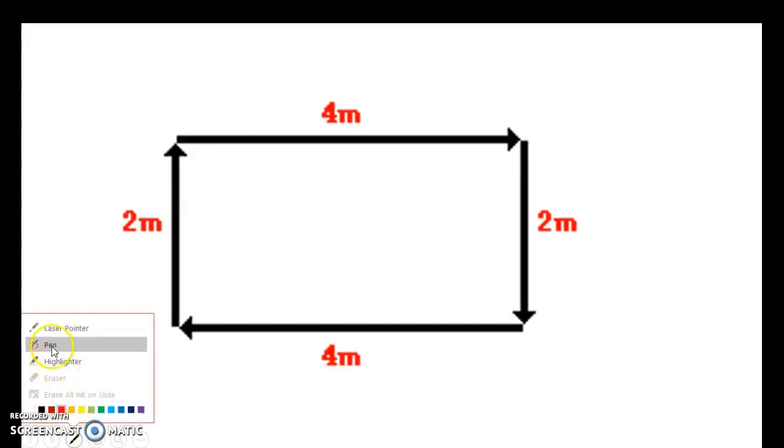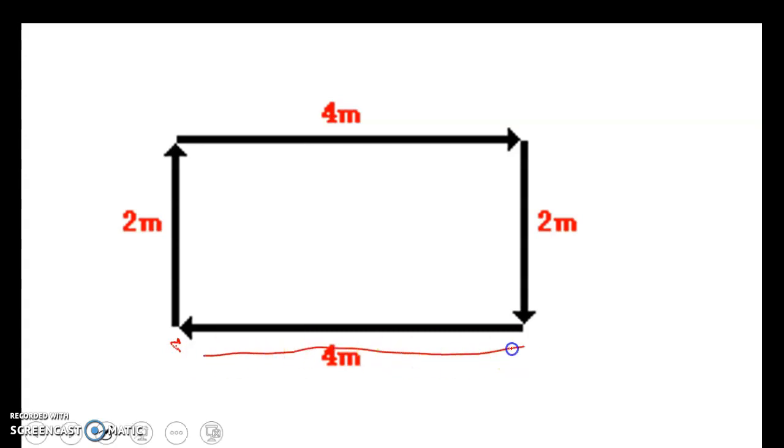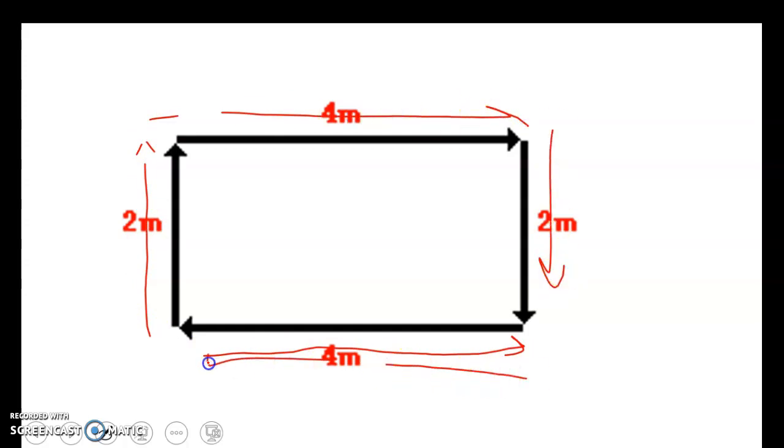The first is let's look at this situation of starting here, and we walk this far, and we walk 4, then we go 2, and then we go back 4. So our distance traveled is 2 plus 4 plus 2 plus 4. So 8 and 4 is 12.